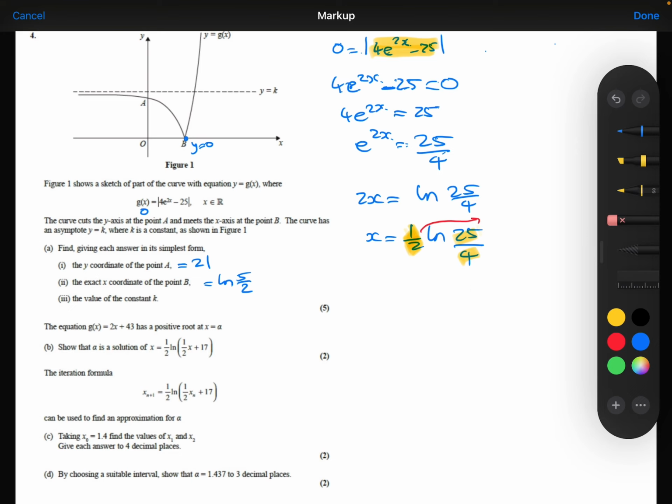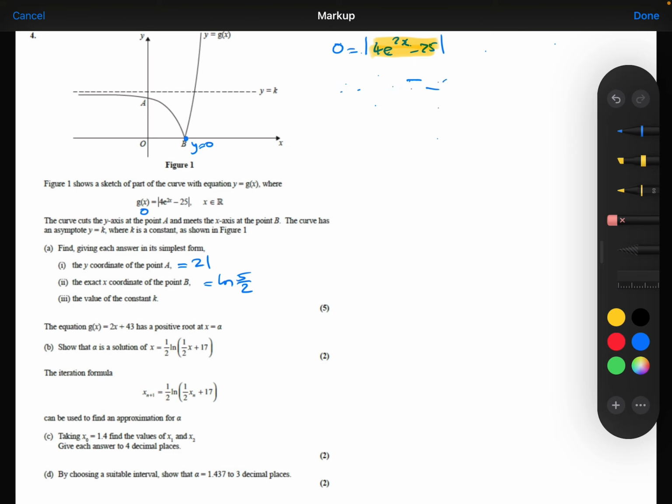Then for part III, we need to find the value of the constant k. So k is the asymptote. Well, I think the easiest way to think about this, we can see that our curve goes up, up, up.